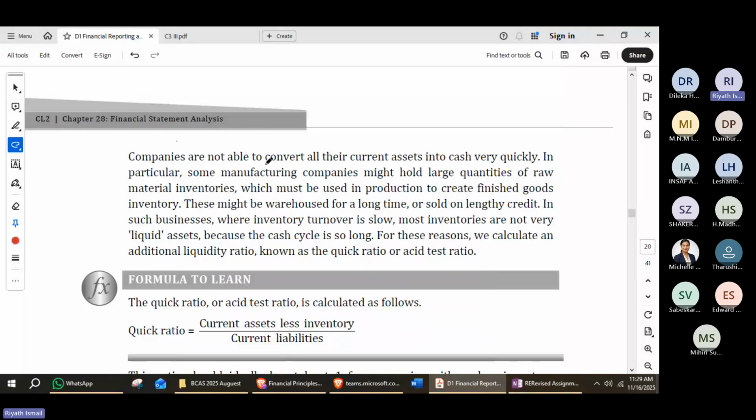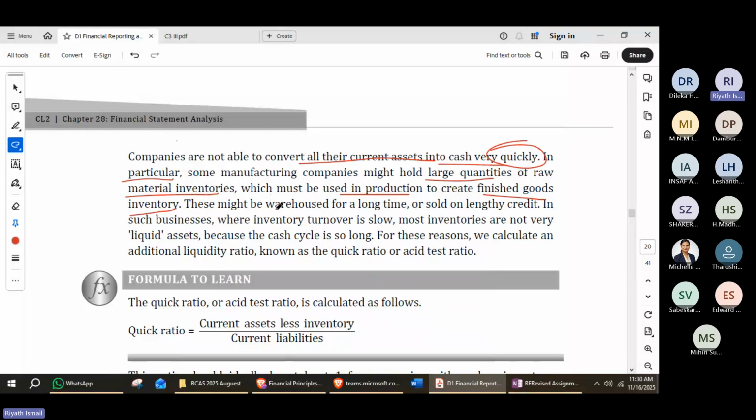Companies are not able to convert all current assets into cash very quickly. In particular, some manufacturing companies like garments, right? Companies might hold large quantities of raw materials, thread, cloth, everything, which must be used in production to create finished goods inventory.